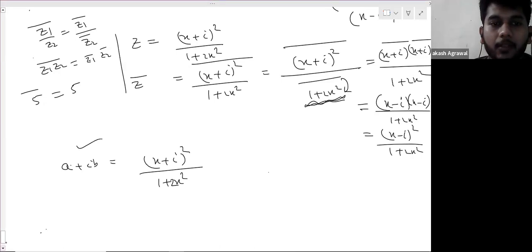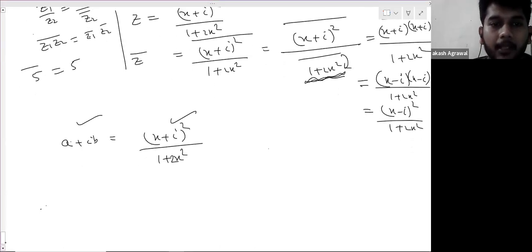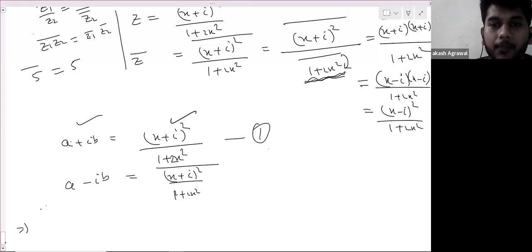Now this was our given data. I can say a minus ib is equal to the conjugate of (x plus i) upon 1 plus 2x square. If I multiply these two equations, on the left hand side, I'll get a square plus b square.